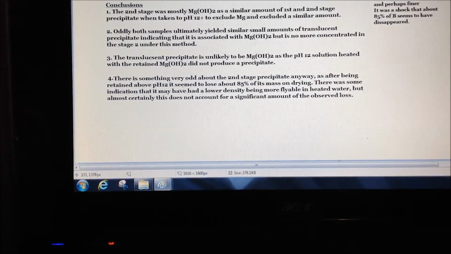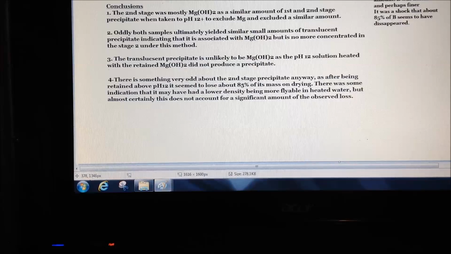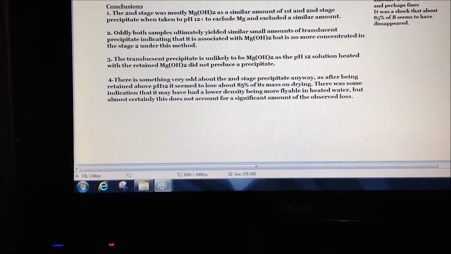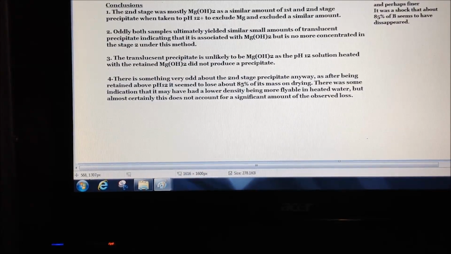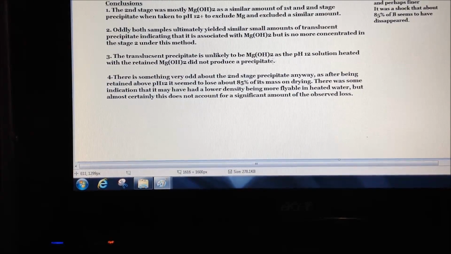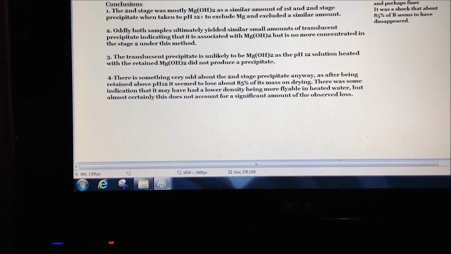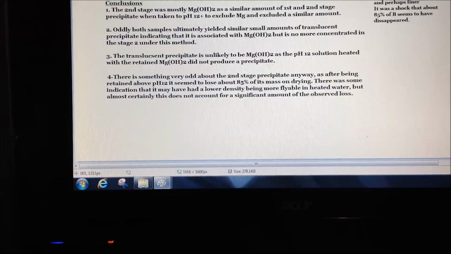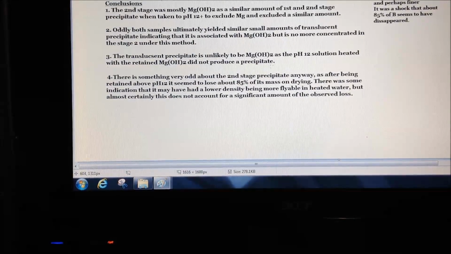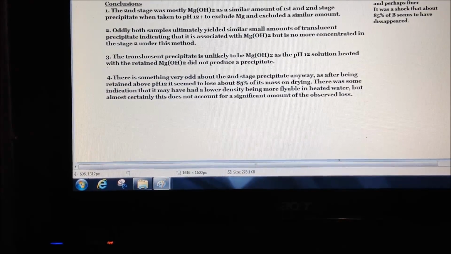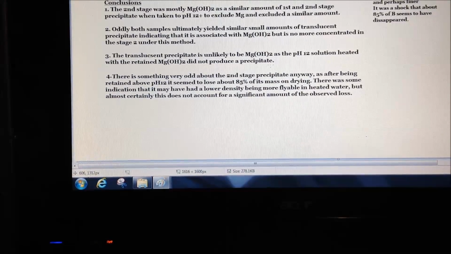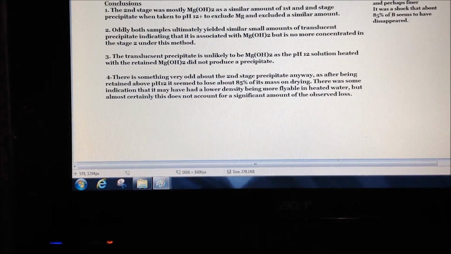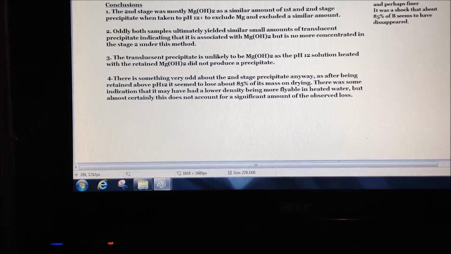Thirdly, the translucent precipitate is unlikely to be magnesium hydroxide, which you imagine it could be, we're just reducing the amount of it. And the reason for that is that the pH solution, which was heated on what we think is magnesium hydroxide, did not produce a precipitate. So you would think that if the first solution with pH 12 solution around it yielded a magnesium hydroxide precipitate, you'd think the second one would as well.